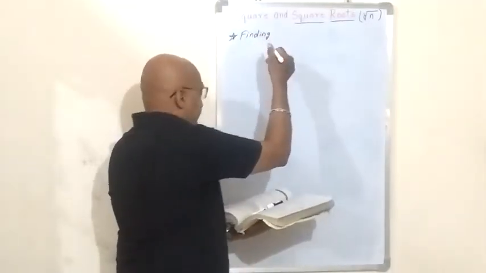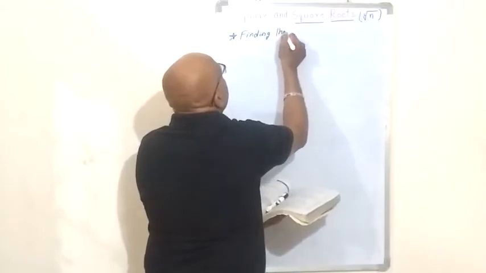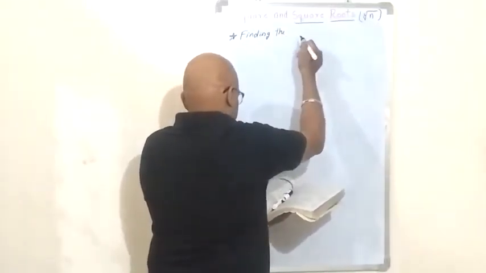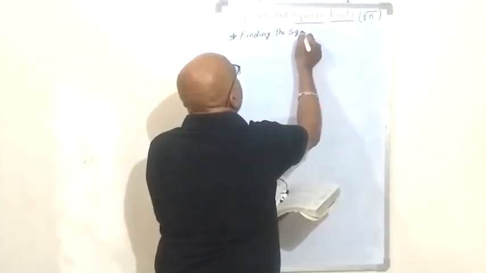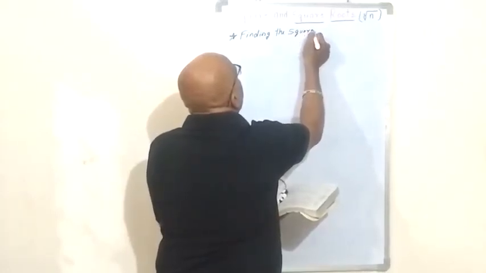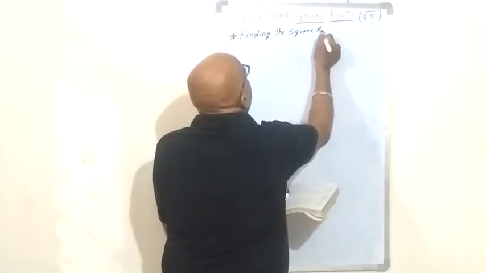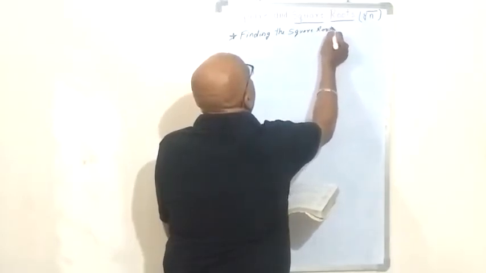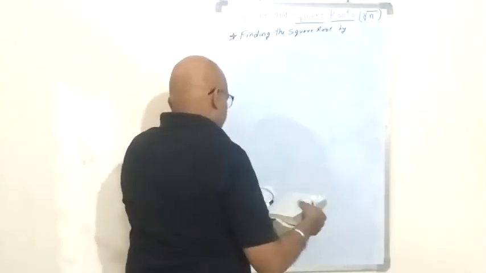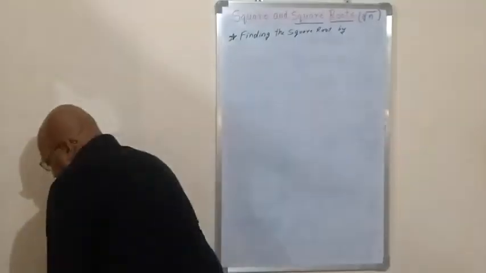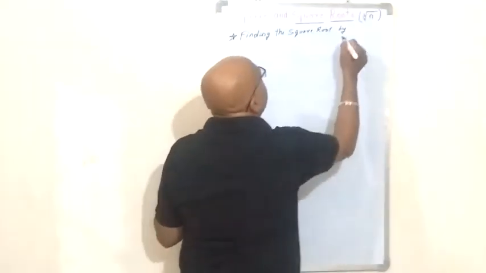So the first method is finding the square root by repeated subtraction.